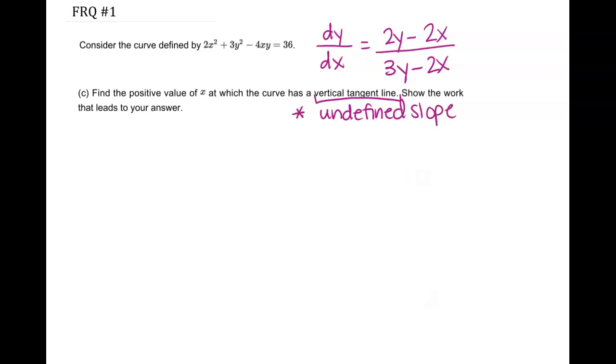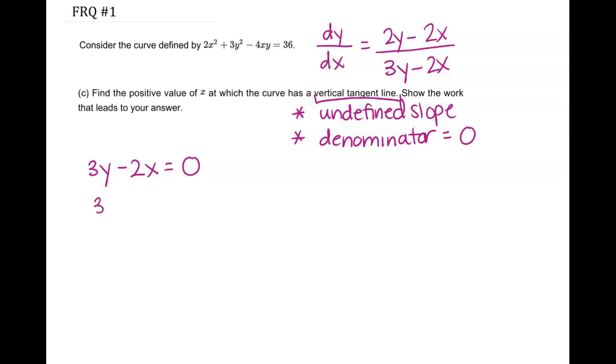And since we have a fraction, to make it undefined, that means our denominator will equal 0. If we wanted a horizontal tangent line, the slope would be 0 rather than undefined, and then our numerator would be 0. So let's take our denominator, 3y minus 2x, and set it equal to 0.